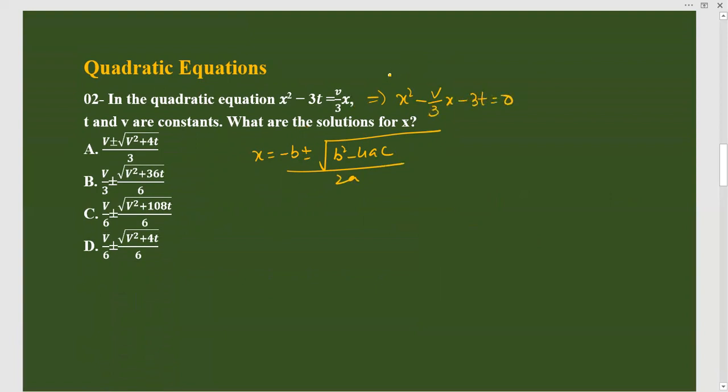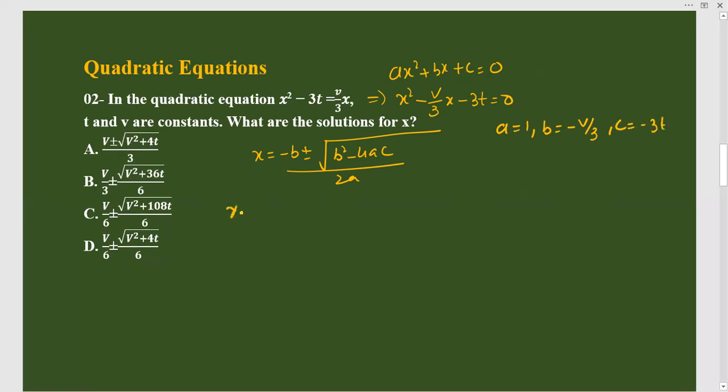Here a is equal to 1, b is equal to minus v over 3, and c is equal to minus 3t.